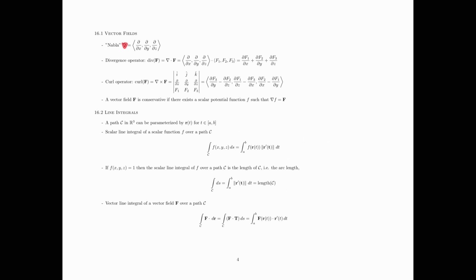But this symbol here, and subsequently this vector that has instructions to take the x, y, and so on and so forth, partial derivatives, it is used to define the next two things. So the divergence operator. So in addition to the gradient operator, we have the divergence operator.